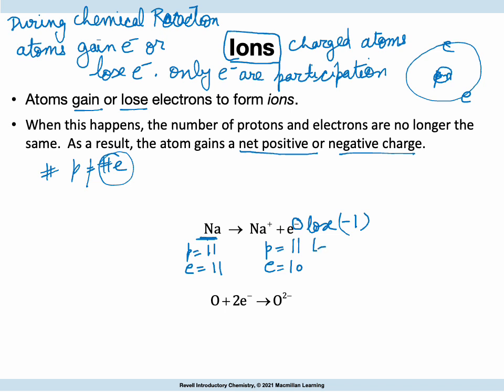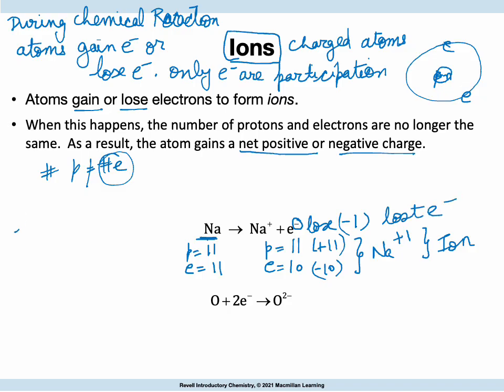So it has positive 11 charge and it has negative 10. So overall the charge of the sodium is +1. And that is when sodium has a charge, and then this is not called a sodium atom, this is a sodium ion. That is how sodium gets a +1 charge, because it lost an electron.